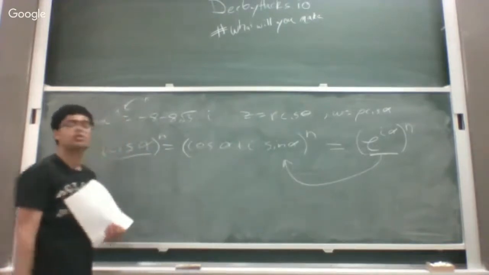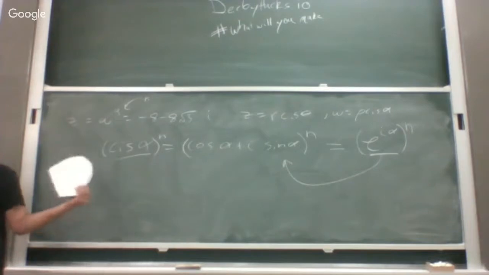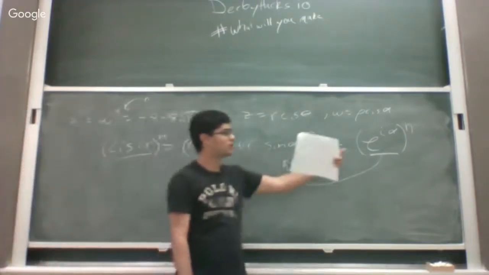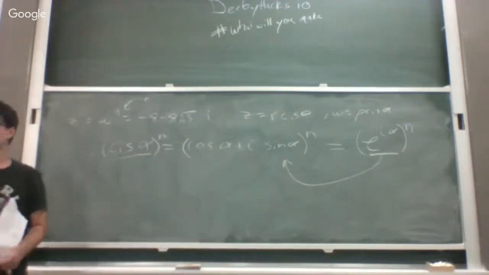Is there a reason you use alpha instead of beta? I just use alpha because the problem has alpha. I'm explaining that this is equal to e to the i alpha.